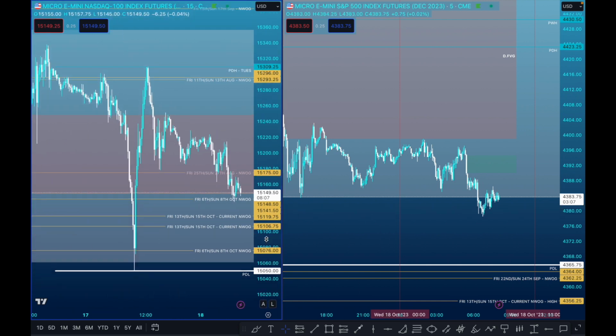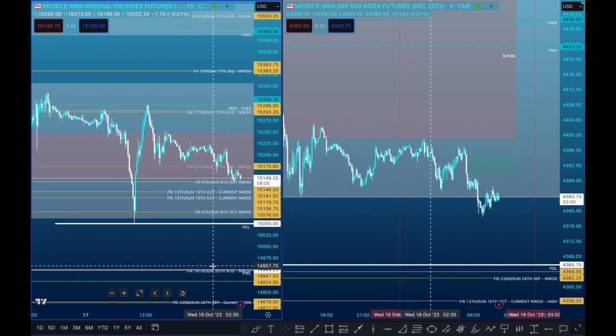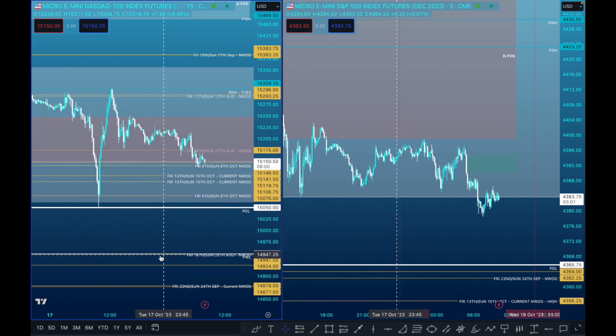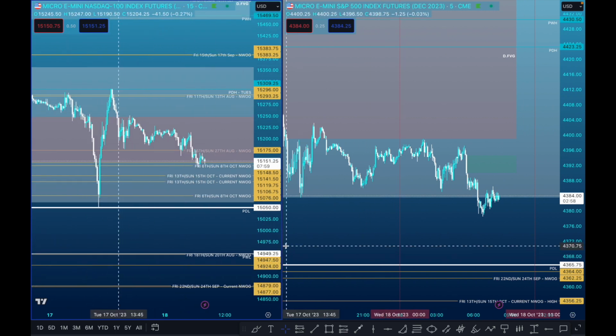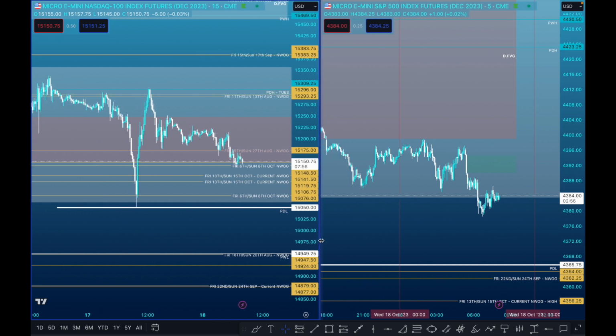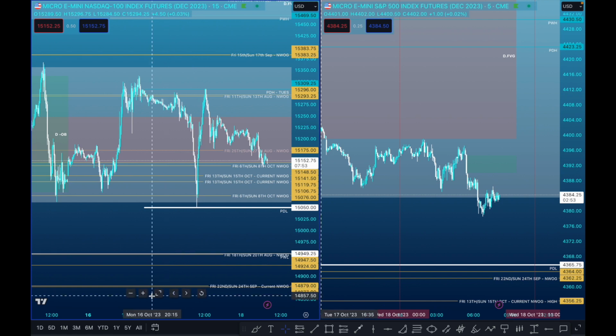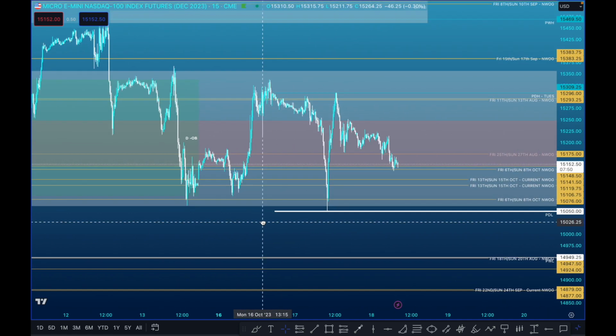I'm looking at these markets side by side because I like to see how they move together, and they're closely correlated as well. So let's zoom into NASDAQ.